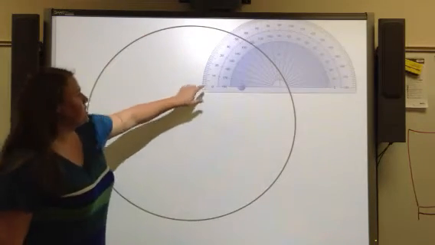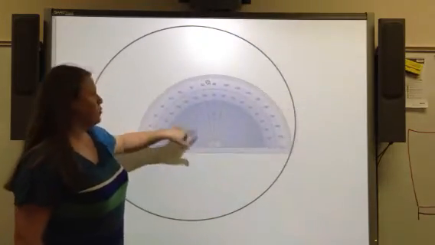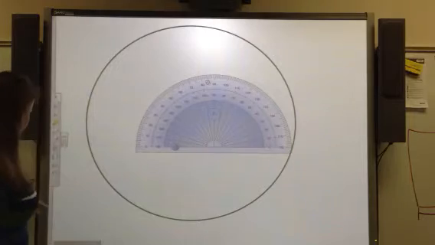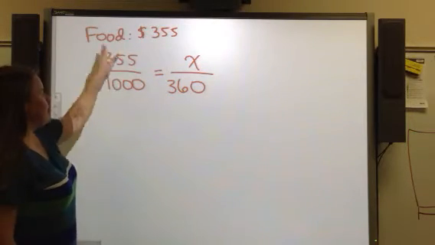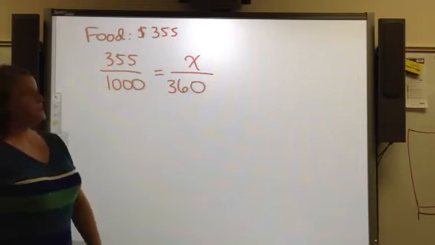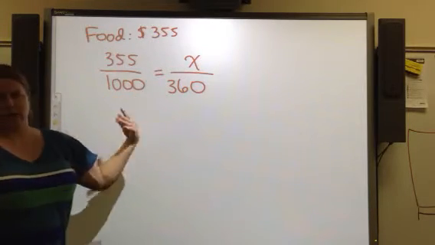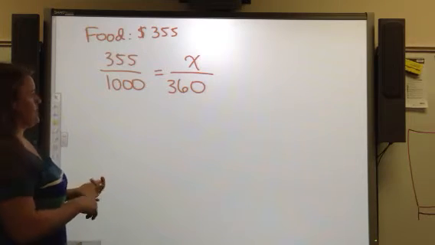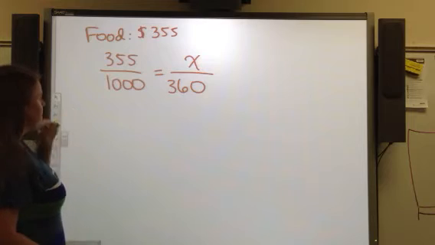This is going to be our circle graph that we're going to be using a little bit, and I've got my protractor ready to go, but we'll come back to this in a second. So, for our first category with food, I spent $355. I set my form up as a ratio like we've been going with fractions and with our conversions.